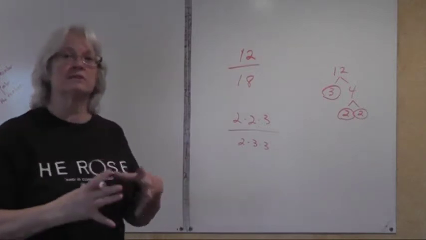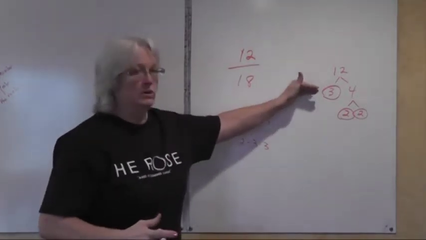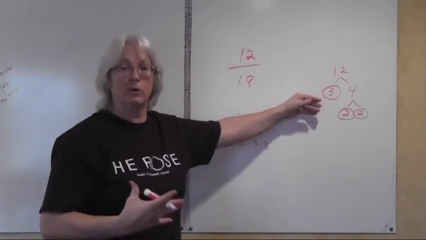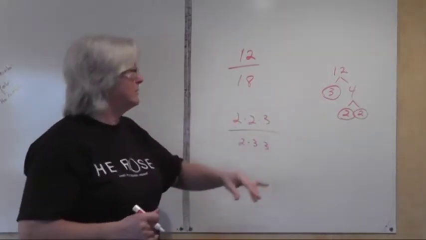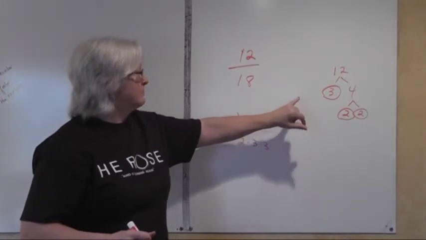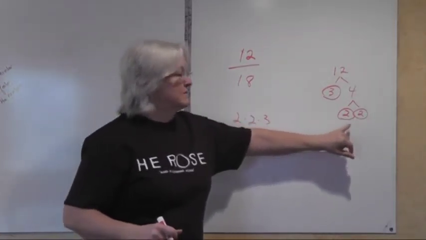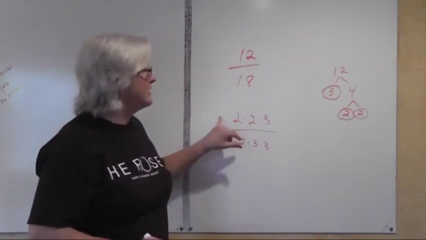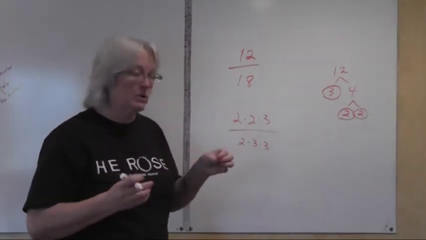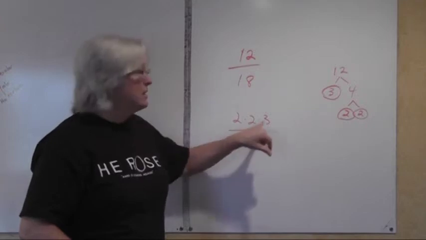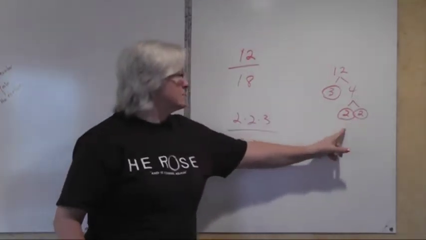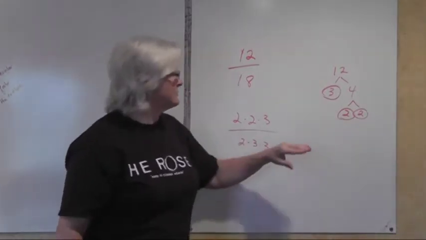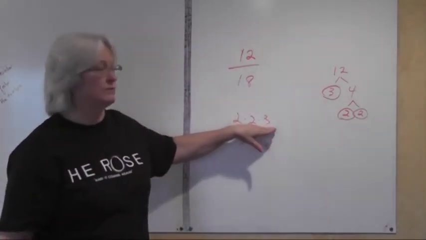So when you're using this factor tree, you continue this process. Go back and watch the video about doing prime factorization if you forget how to do it. And you realize that all of these circled numbers are prime numbers, so we're going to write those as a product of prime numbers beginning from the least, going to the greatest. 2 times 2 times 3. 2 times 2 is 4 times 3 is 12. So that's the prime factorization of 12.